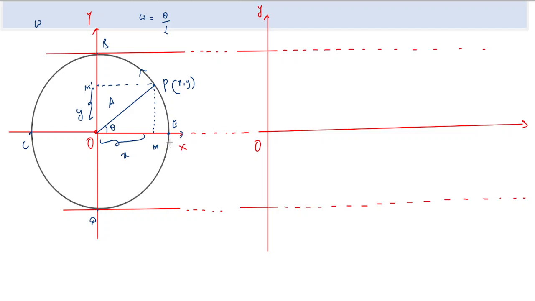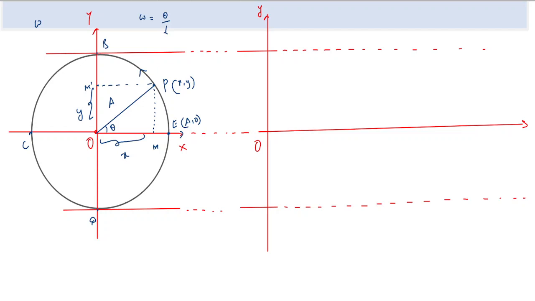Now let's focus on any one projection. Let's focus on the distance y. When the particle is at point E, the point's coordinates are a comma 0, because point E is on the x-axis, so the value of y would be 0.